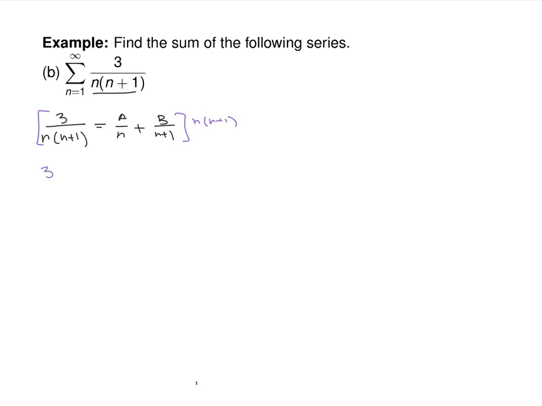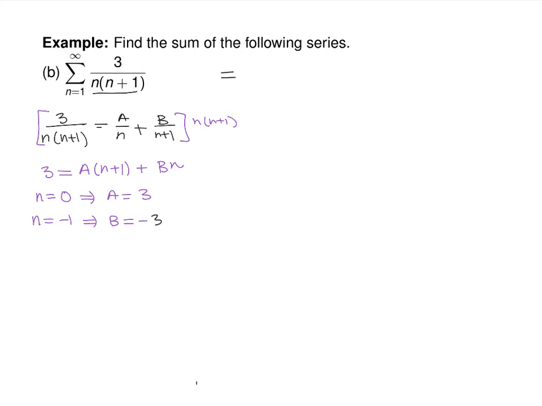And that gives us 3 equals a times n plus 1 plus b times n. So inputting n equals 0, we find that a is equal to 3. And inputting n equal to -1, we find that b is equal to -3.